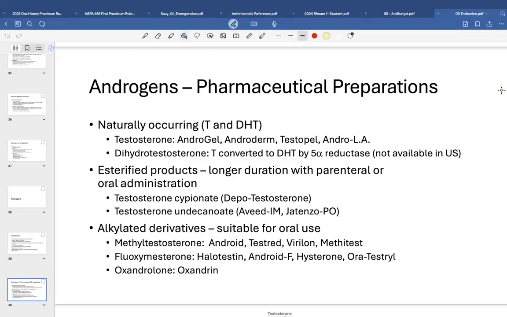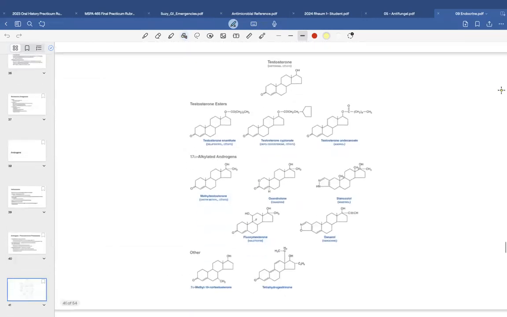All that to say is that you have all these different derivatives of the progenitor testosterone molecule. These are the esters, which add this long side chain onto this hydroxy group here, and then the 17 alkylated products, which add a chain here to help with oral bioavailability.